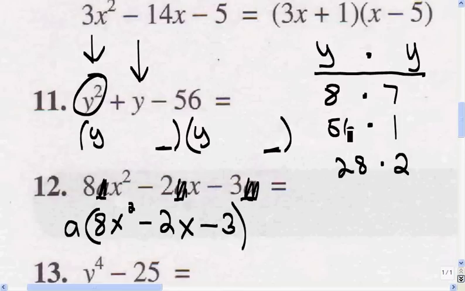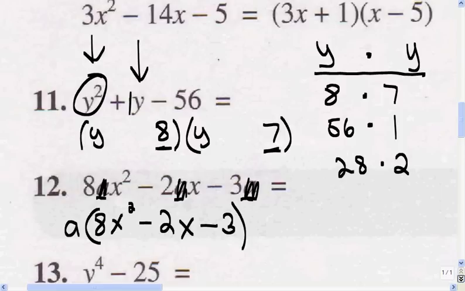So which one of these two factors of 56 will give me 1 when I subtract or add them? Well, if I add or subtract 28 and 2, I can't get 1. If I add or subtract 56 and 1, I can't get 1. But if I subtract 8 and 7, I get 1. So that's how I know that 8 and 7 have to be my factors, because when I subtract them, I get a 1y.